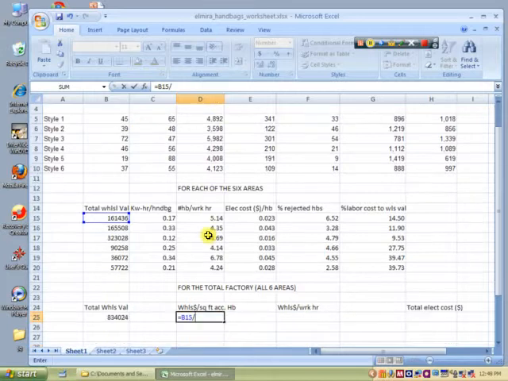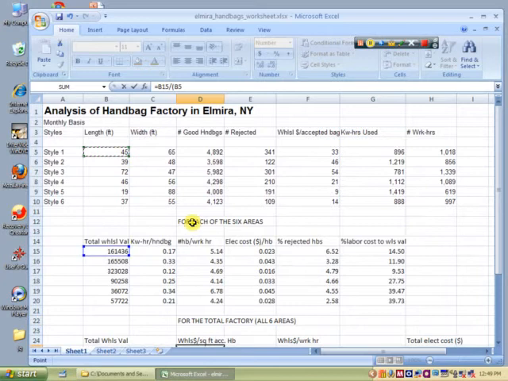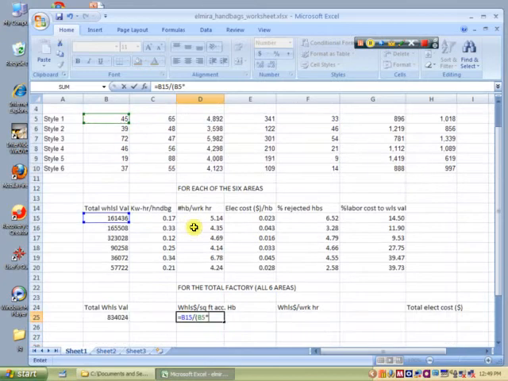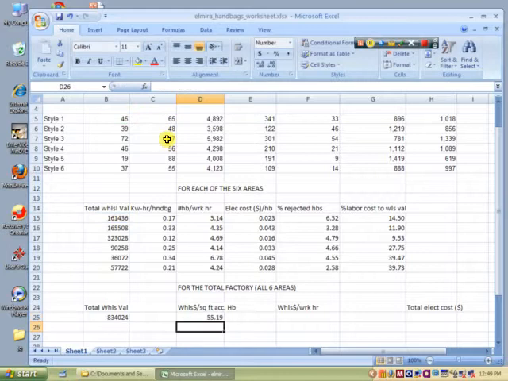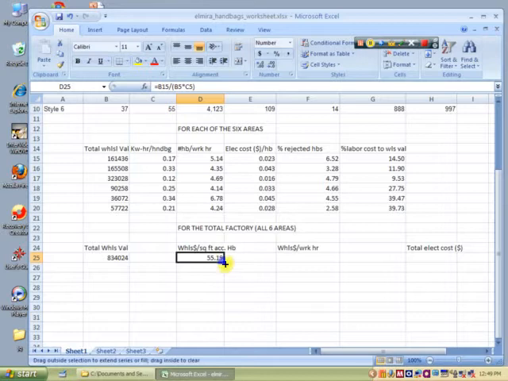So you have to put a parenthesis. So per square foot, length times width, here's your length, times the width. And we don't want the width to multiply the whole thing. We want it to just multiply the denominator. And that would be the wholesale dollars per square foot for the accepted bags. And then we'll drag that down for all 6 styles. 2, 3, 4, 5, 6.